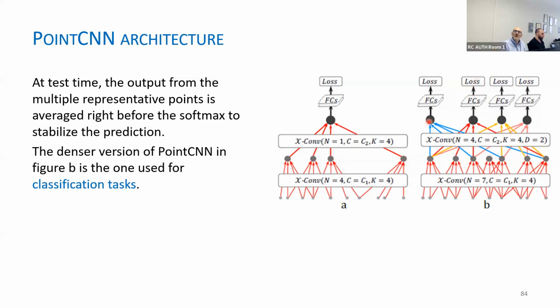So the normal configuration which is used is this one: dilation and a number of points at the end which is not one, but a larger number. So this is the classification solution.